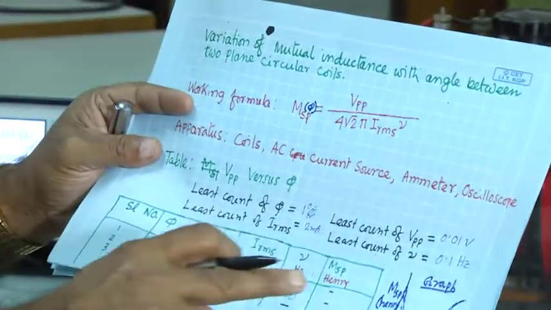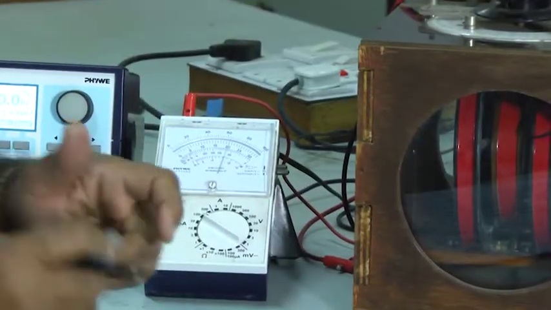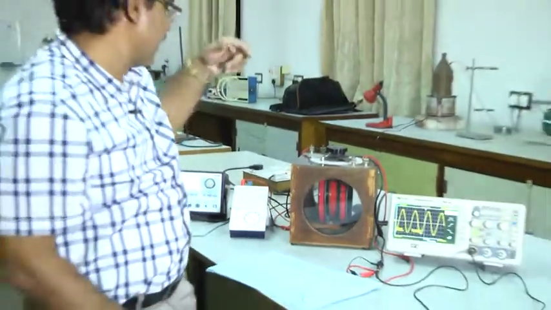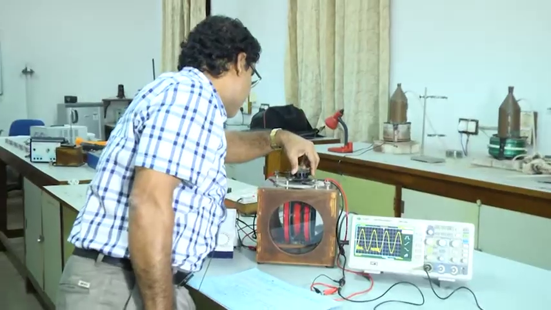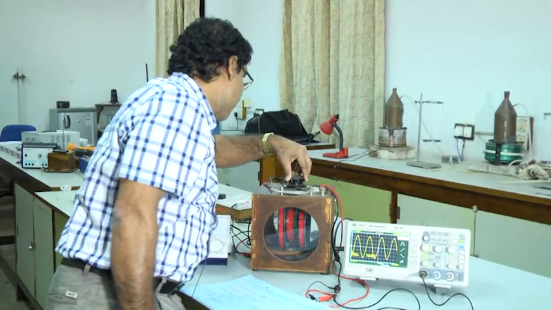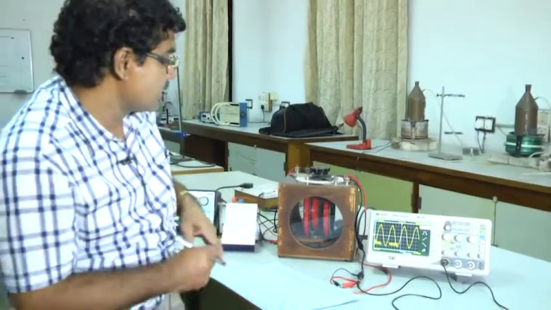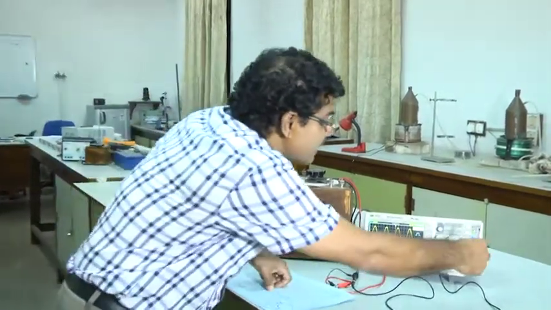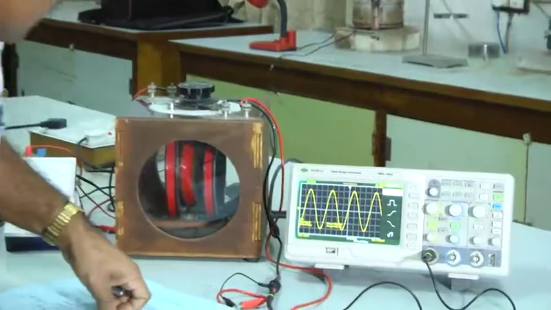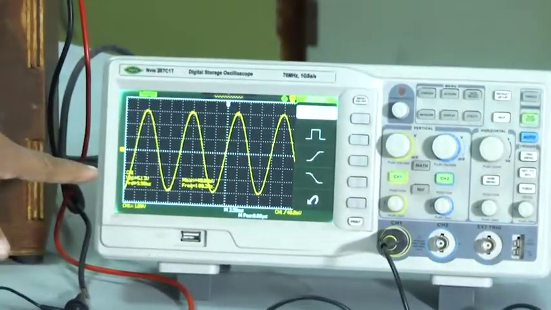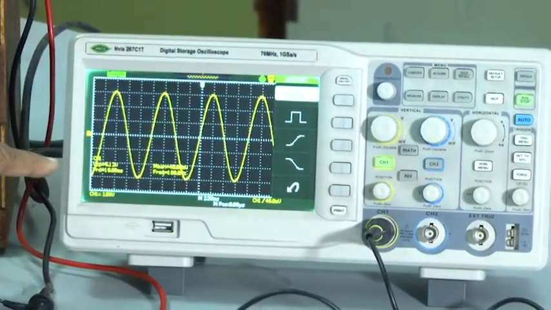Now just vary and take the reading. I will go in 10 degree steps. I change it by 10 degree. You see what is the value? I just have to select auto, then automatically it will give the value.